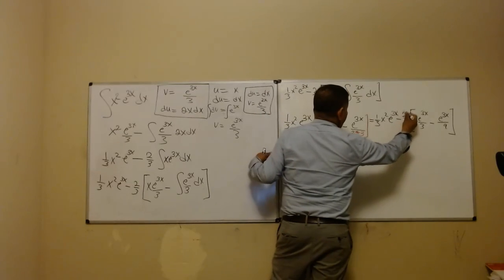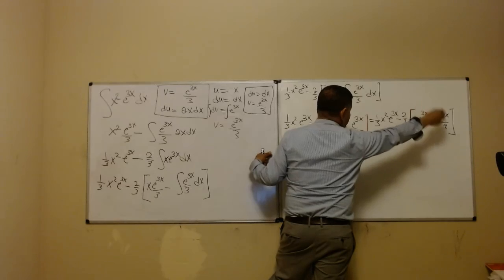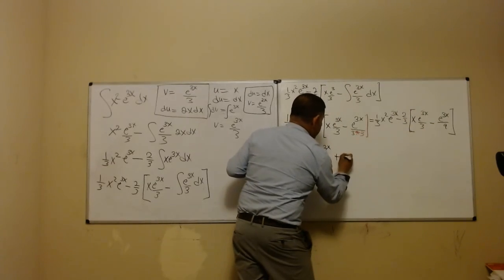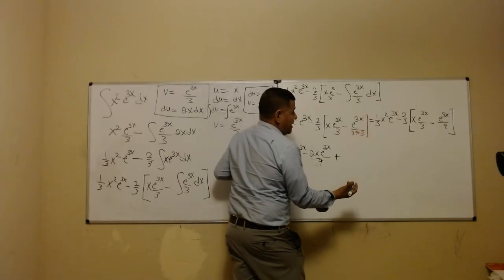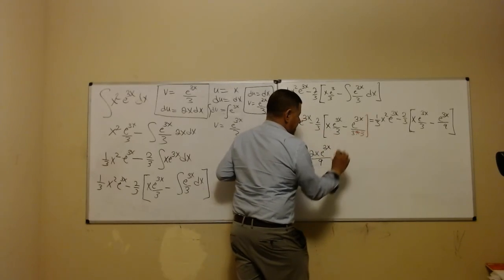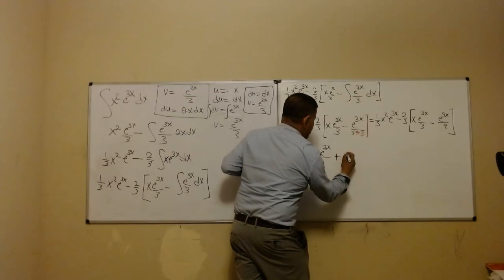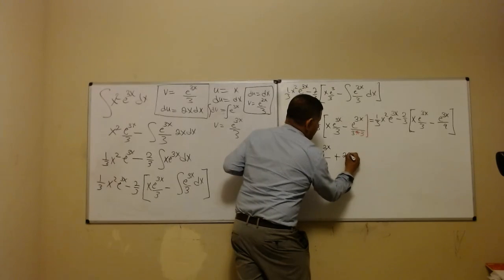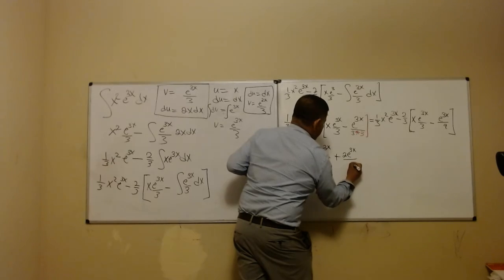Okay, but I multiply those right there, the 2/3, right? 2/3 across, I get what? I get plus. Right? So I get plus 2e to the third x over what?